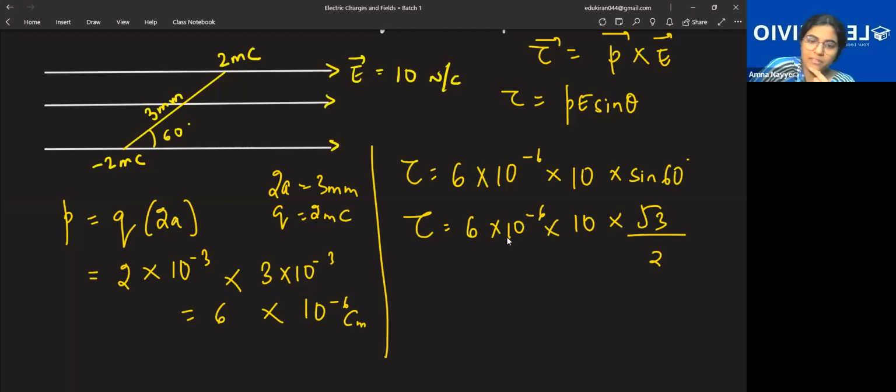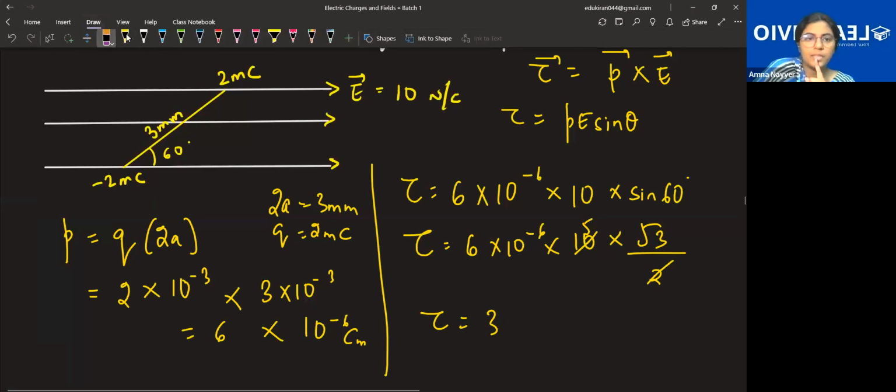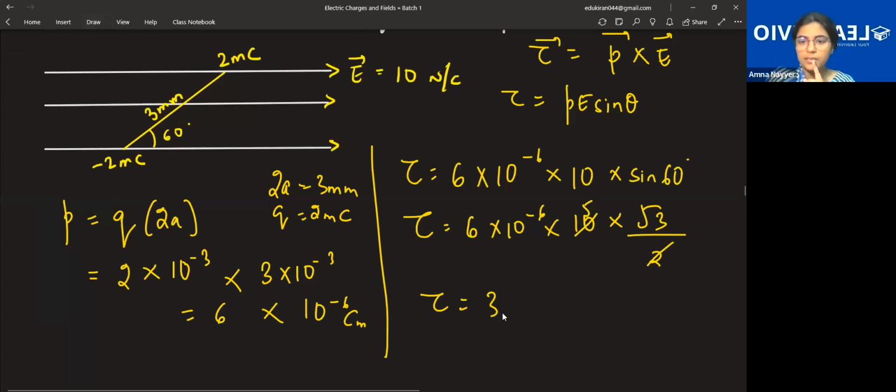This becomes 5. 5 into 6 is 30. So this would be 30 root 3.